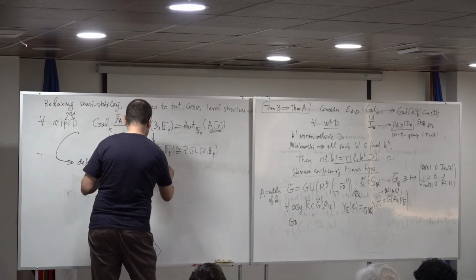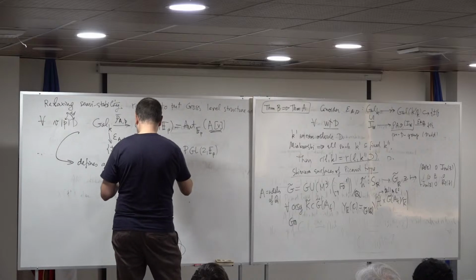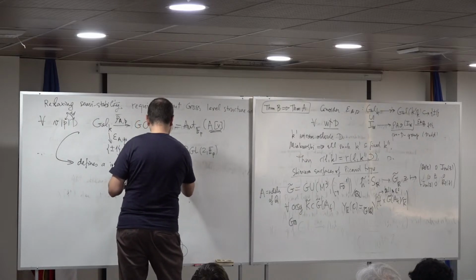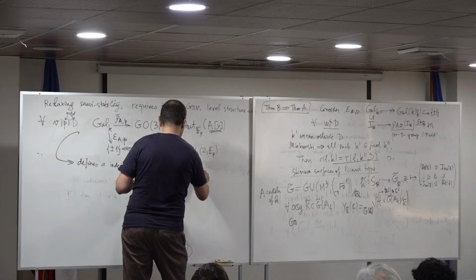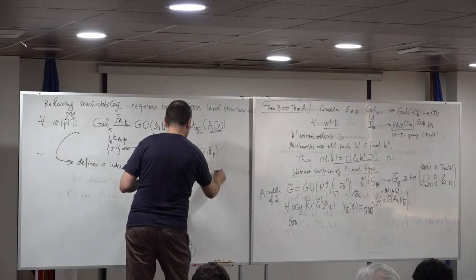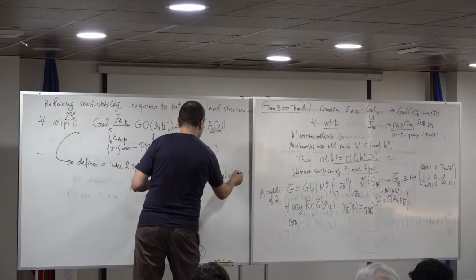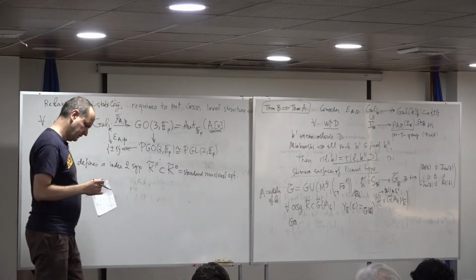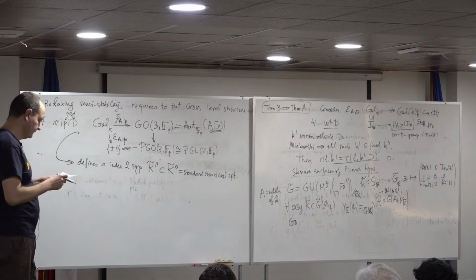Well, the reason is that K prime is usually for the other maximal compact. So this is the standard maximal compact, meaning the one that fixes a self-dual lattice with respect to the Hermitian pairing.